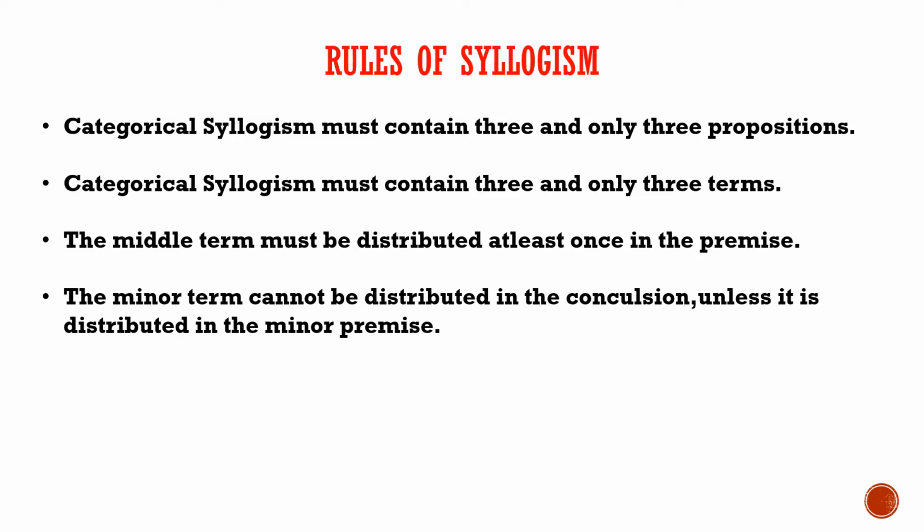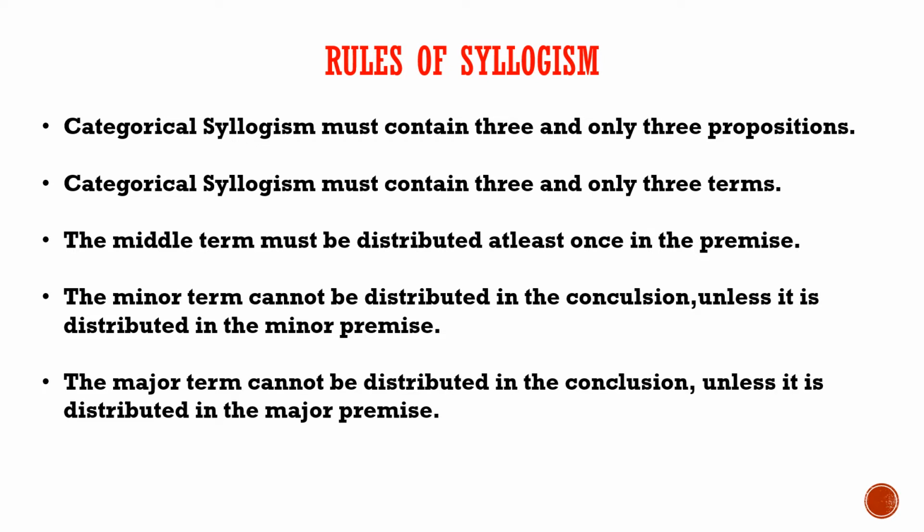Fourth, the minor term cannot be distributed in the conclusion unless it is distributed in the minor premise. Fourth, the major term cannot be distributed in the conclusion unless it is distributed in the major premise.